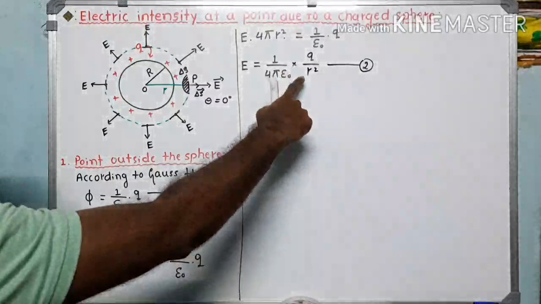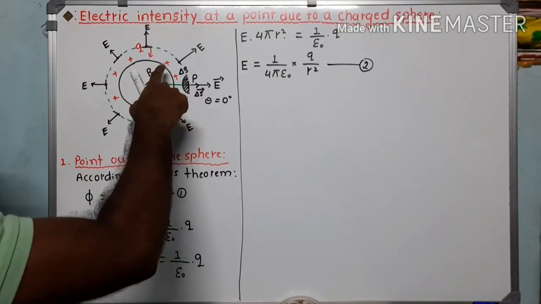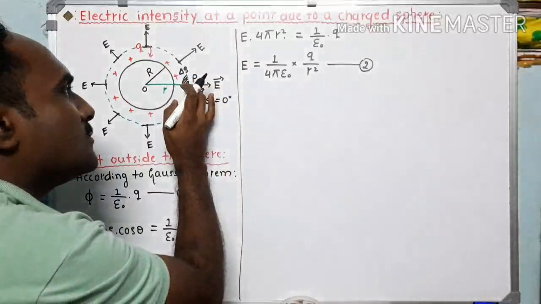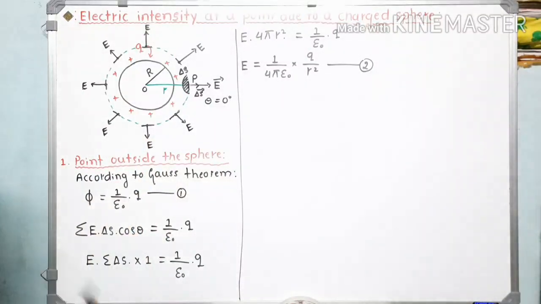This is the electric intensity at a point P due to this charged sphere. Here we have calculated the intensity at a point P due to this charged sphere by using Gauss theorem.